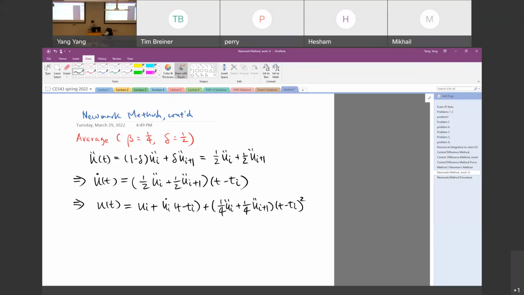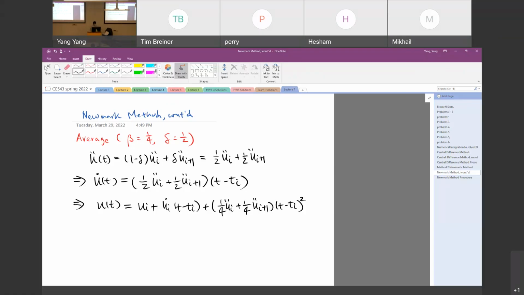We will talk about that later, how we can incorporate the initial conditions and how the calculation can be started. So does that answer your question? Okay. Kind of. Yeah, we will talk about that later.